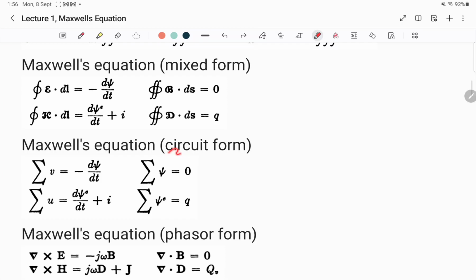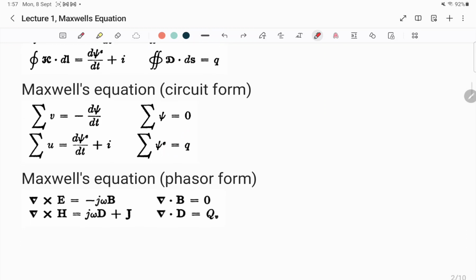Next we have Maxwell's equation in circuit form, purely circuit form, where V is voltage, U is electromotive force, Q is charge, I is current, psi E is electric flux, and psi is magnetic flux. So the superscript E has been used for representing electric flux.